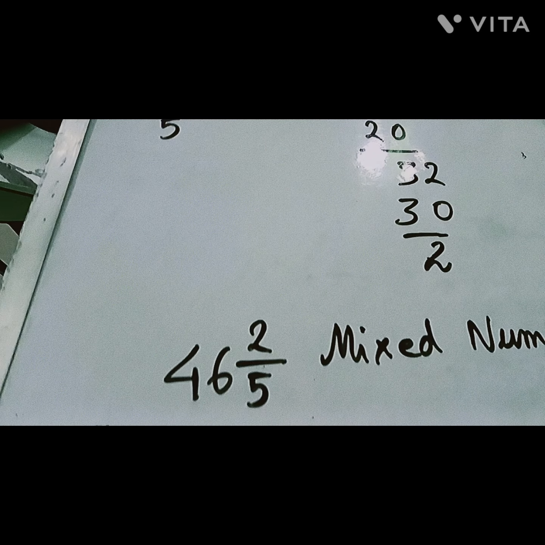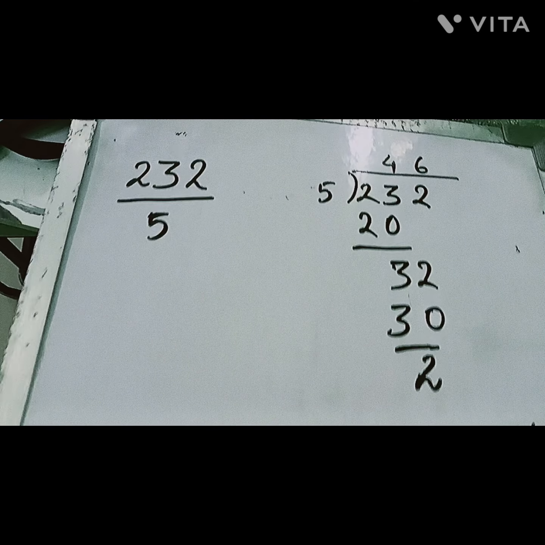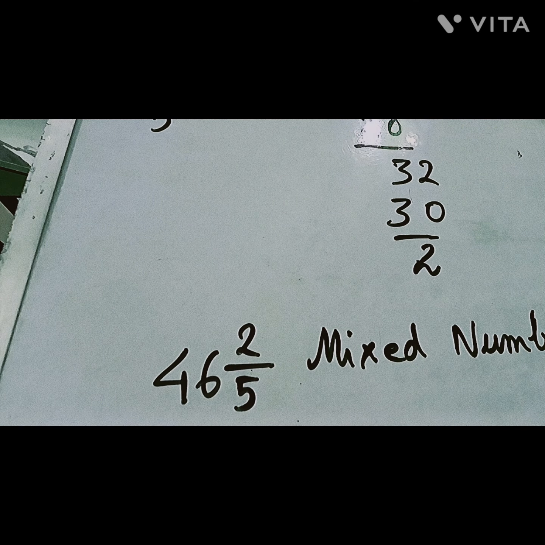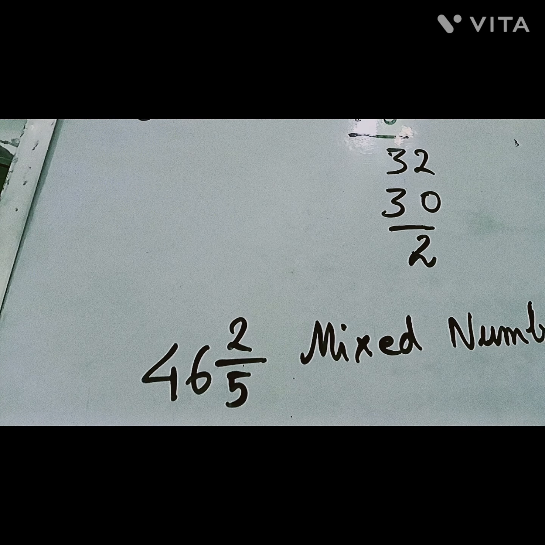So we can write 46. See, 46 is the quotient, 2 is the remainder and 5 is the denominator. 46 is the whole number, 2 by 5 is the fraction, it is the mixed number.